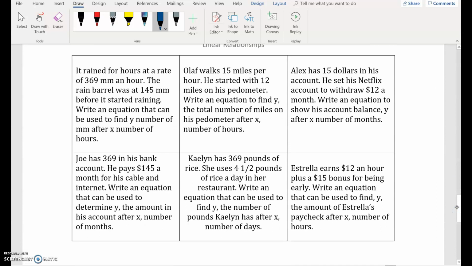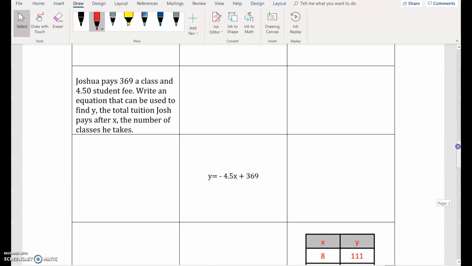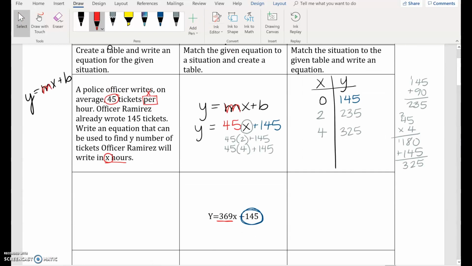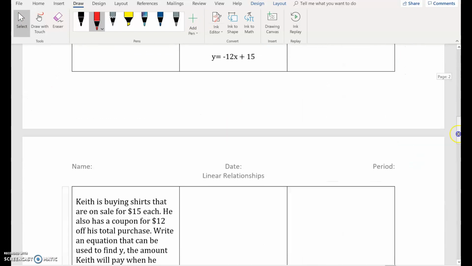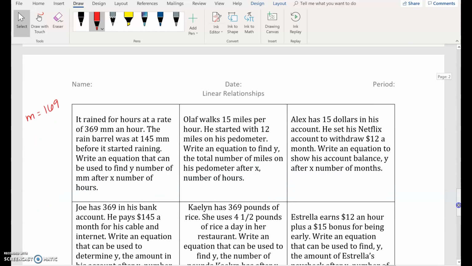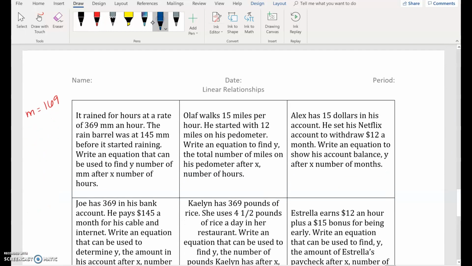Well, you guys can see it easier. So I'm looking for a scenario where the m is 369, and the b is 145. So I'm looking for a scenario where I multiply 369 and then I add 145.